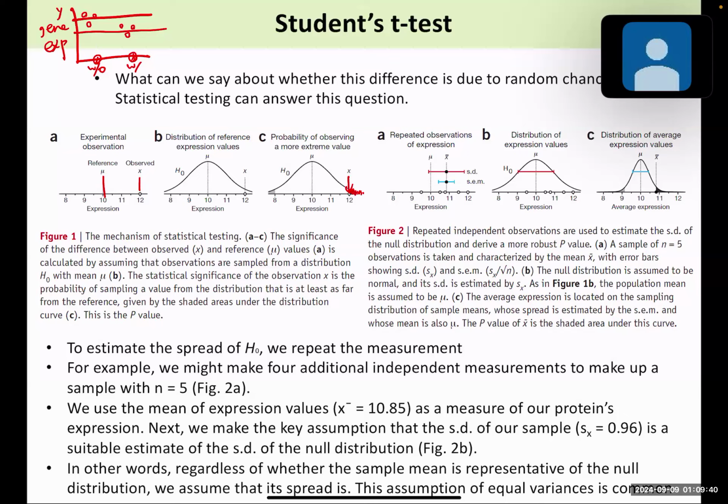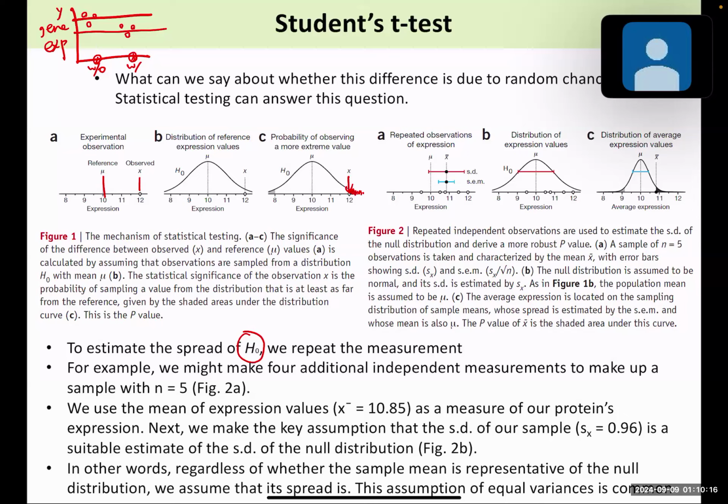All right, so let's take a look into the next figure. In figure 1, this is just one experiment, right? In figure 2, this is the case where you perform multiple experiments. So you perform repeated observations of expression, and then you can either calculate the standard deviation or standard error of means. Yeah, so you repeat the experiment in order to measure the spread of H0, right?